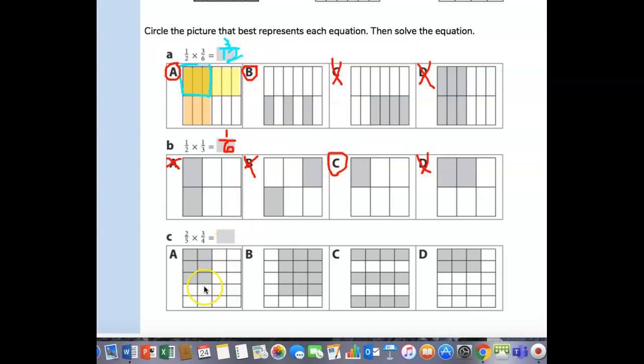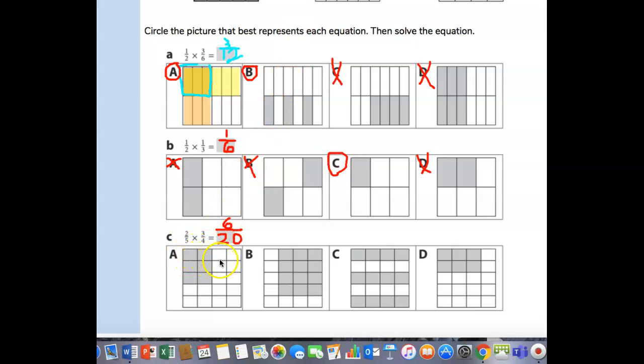All right, and down here, 2/5 times 5/4. 2 times 3 is 6. 5 times 4 is 20. Okay, so let's take a look at this one. 1, 2, 3, 4. So 3/4 is shaded, and just remember when we did it, I'm going to make a lighter color here. 3/4.